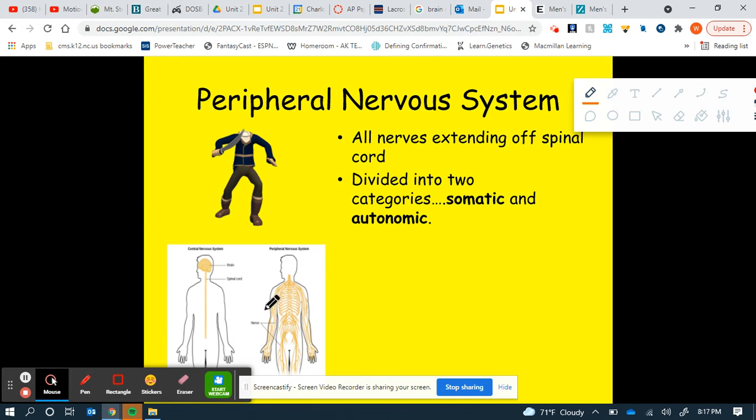So if we look at this right here, there's the spinal cord, there's the brain, and the peripheral system is everything that comes off. If you look at my nervous system guy on the wall, it is everything that is in green.